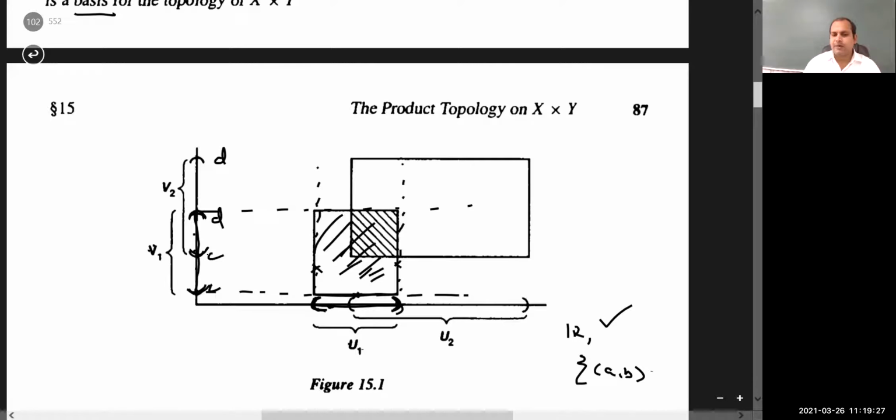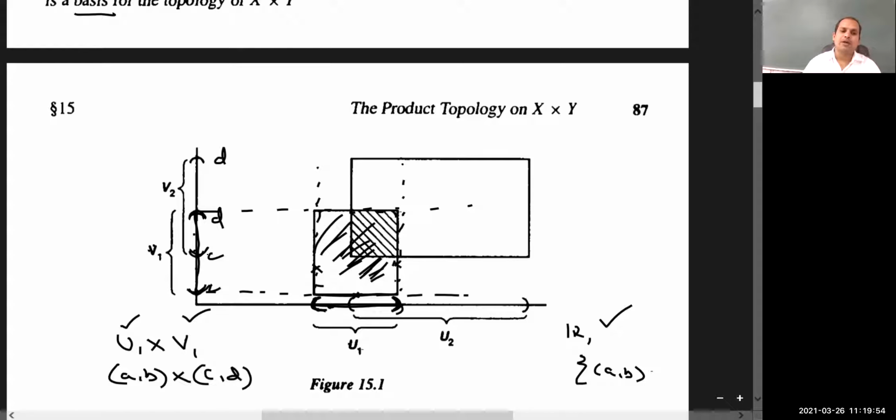So U1 Cartesian product V1 will be this open rectangular region, and we know that an open rectangular region of this type, say (a, b) cross (c, d), will be a basis member for the standard topology on R2.